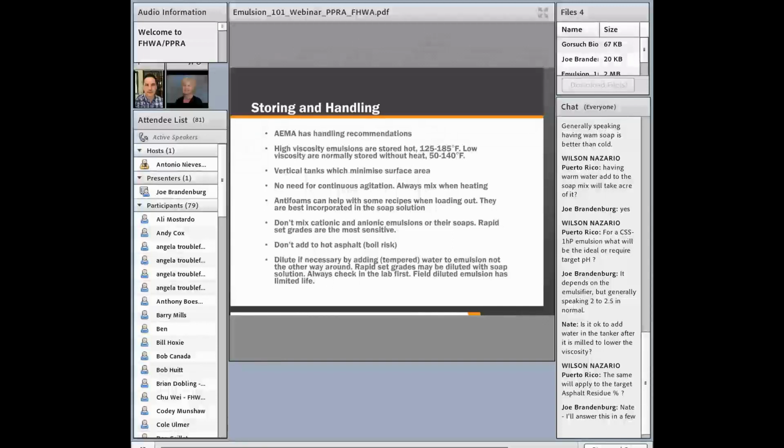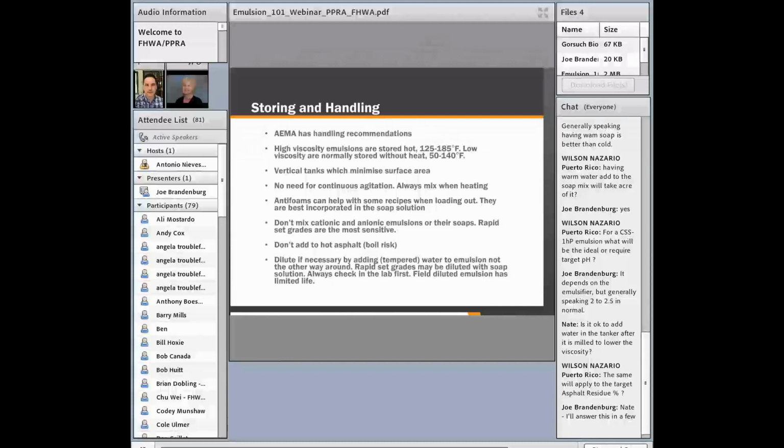When we store emulsion long term, vertical tanks are by far the best option versus horizontal tanks. In vertical tanks, you'll always get at the top of each tank this skin or heel that floats up and down as the emulsion volume increases and decreases, but that skin doesn't really grow a whole lot.